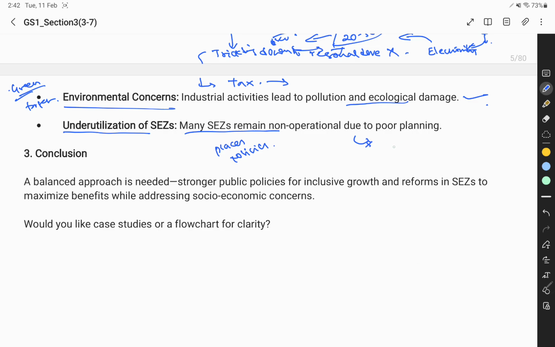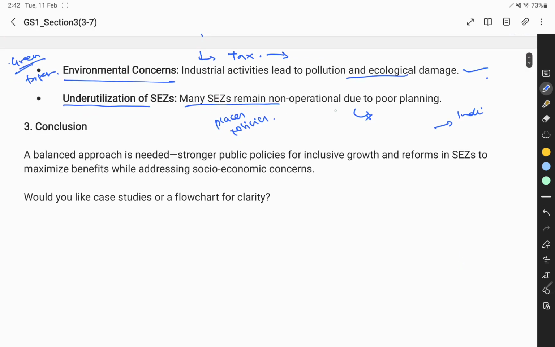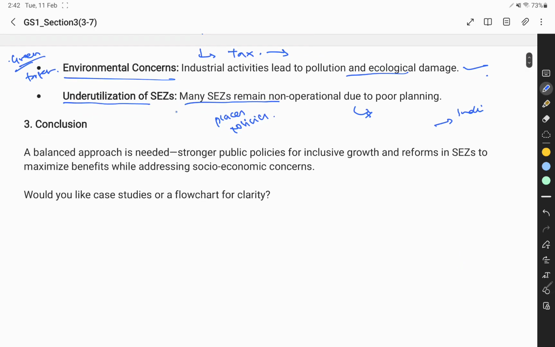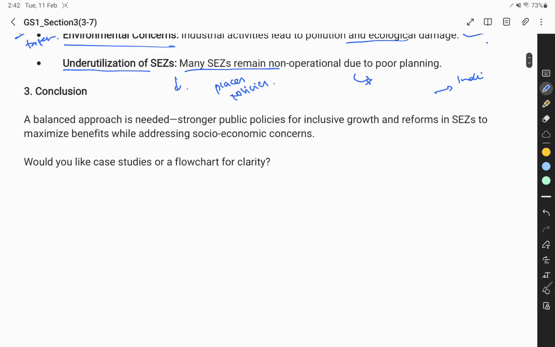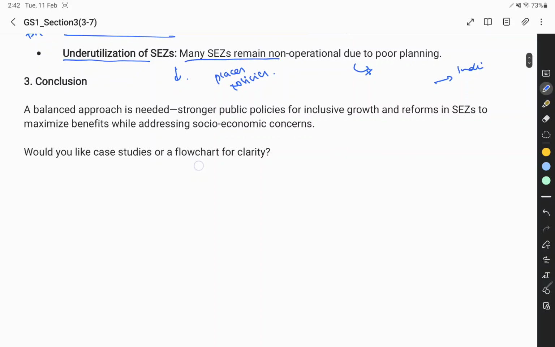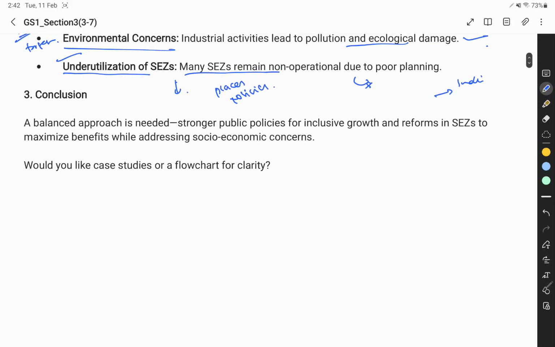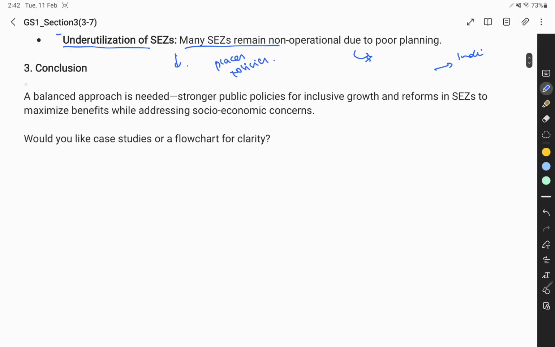That doesn't mean it will be sustained there for a longer time. On the other hand, industries like steel manufacturing are well established and connected. So many of them are non-operational due to poor planning. That is the reason for the underutilization of the SEZs.